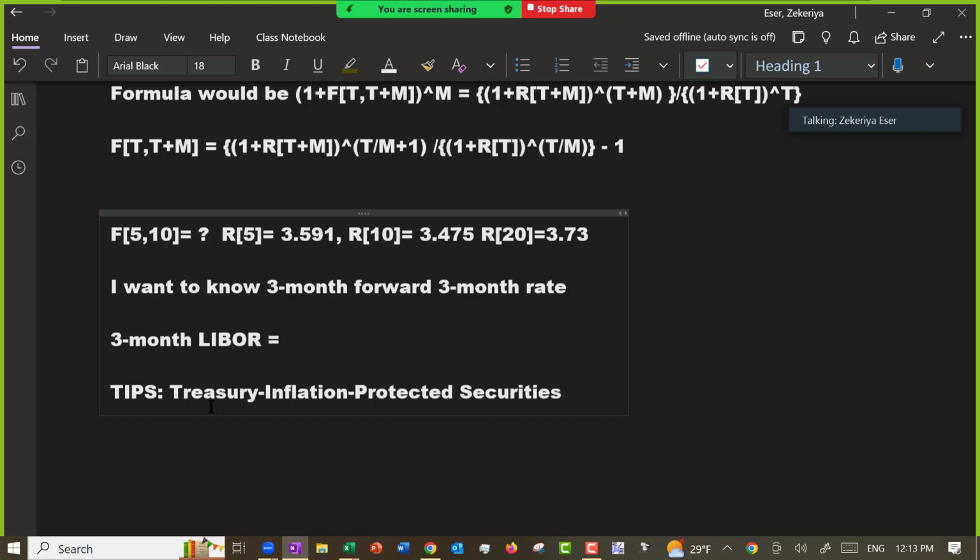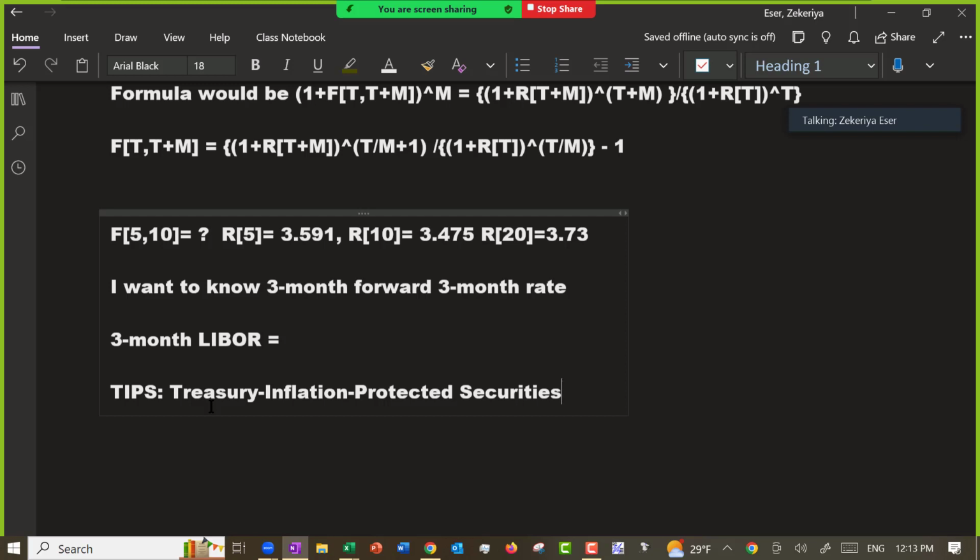These give you a return by protecting you from inflation. And the way they do it, every 6 months, they actually index your principal by inflation, and you get your interest payments based on that indexed principal. And at maturity, you actually get that indexed principal back.